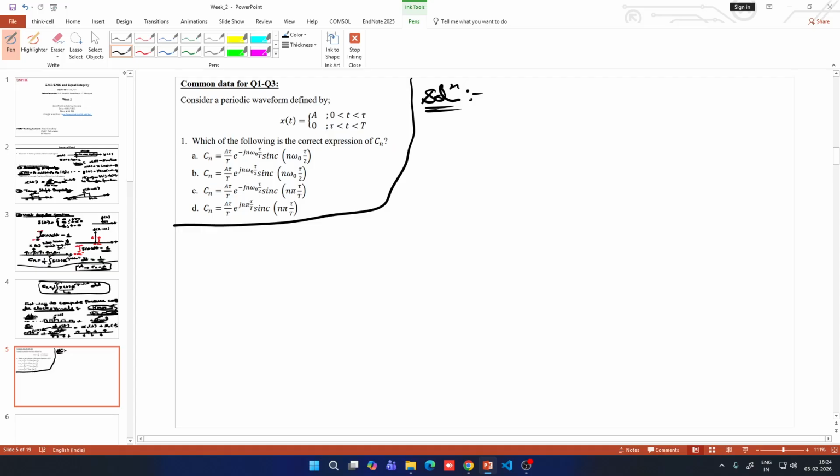So x of t is given as A when it is between 0 to tau, and it's 0 when it is between tau to capital T. Now let's first draw the signal x of t.